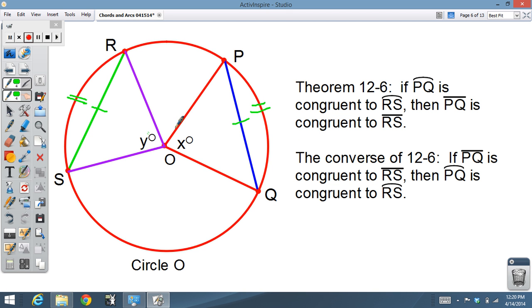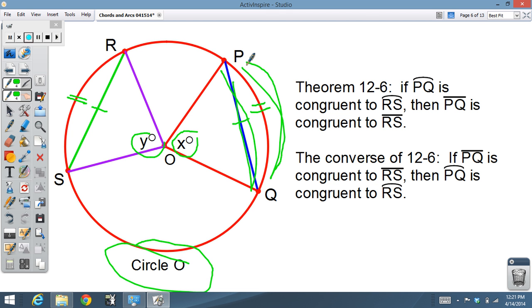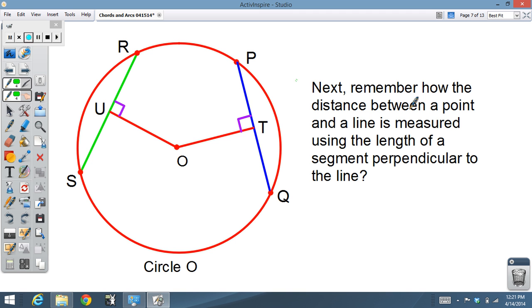Pretty much everything is related within the same circle, or if I were to have another circle that was congruent to circle O, angles, chords, and arcs all have to be the same if they are all related the same way.